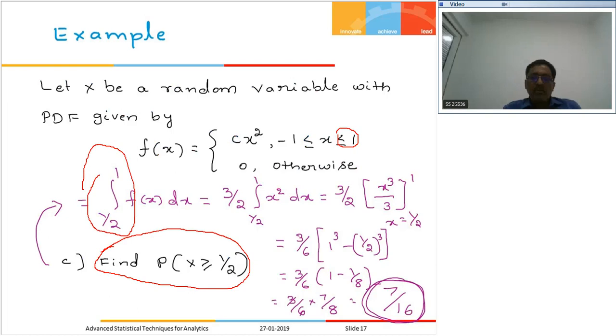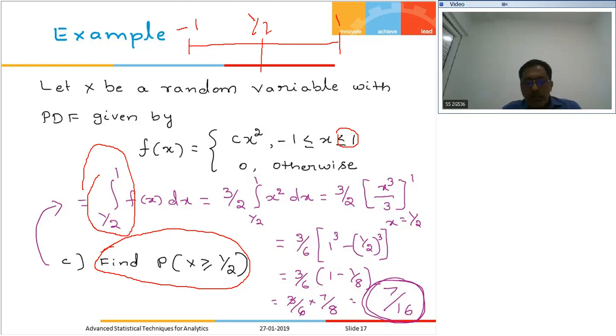The same here. Actually, the interval it lies in is -1 to 1. Suppose we divide this into 2 intervals, with a point at half: one is -1 to half, and the other one is half to 1. Why are we doing this?